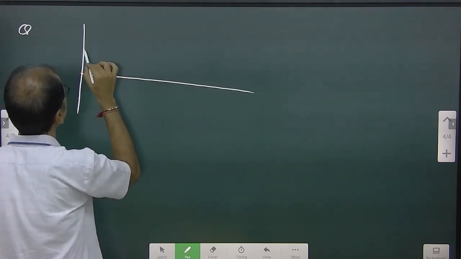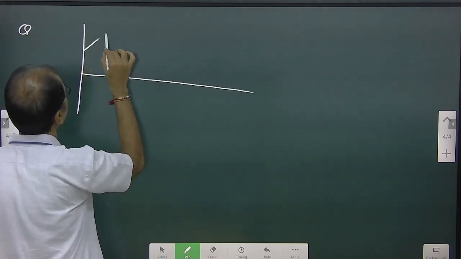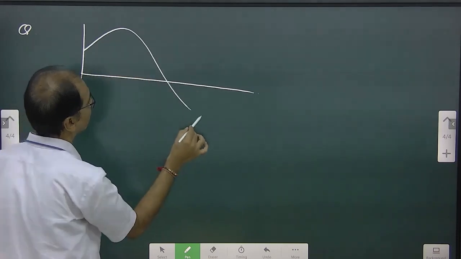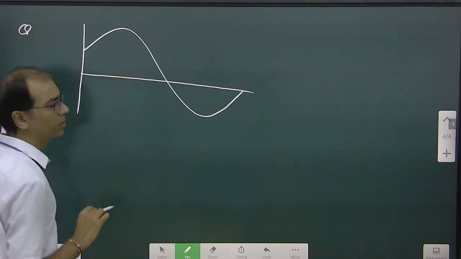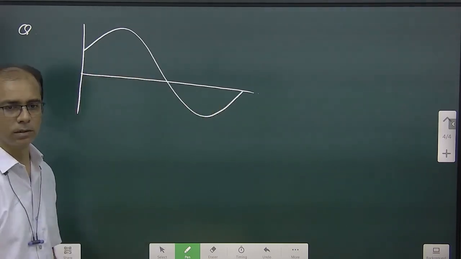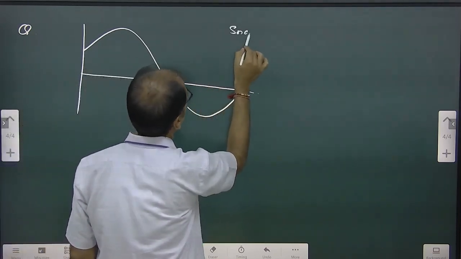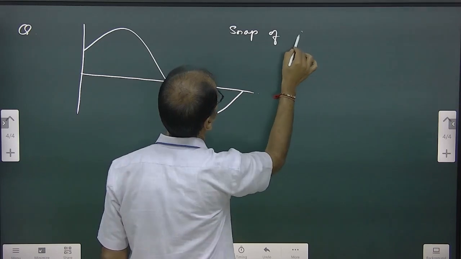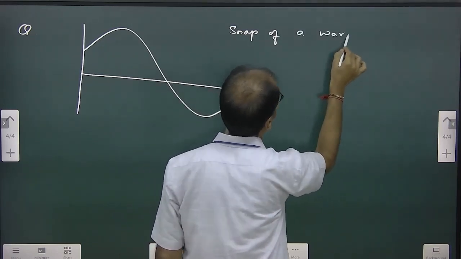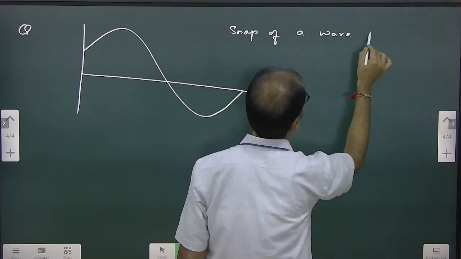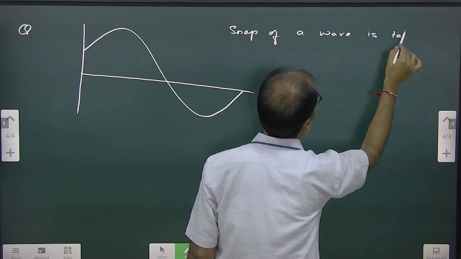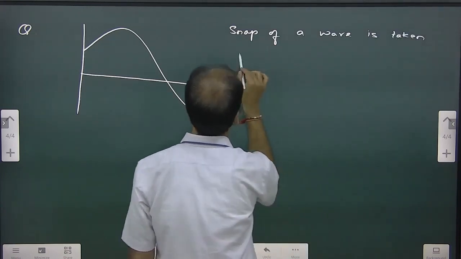A wave is given in this way. Not wave is given, this is a photograph at any instant. Snap of a wave is taken like this.